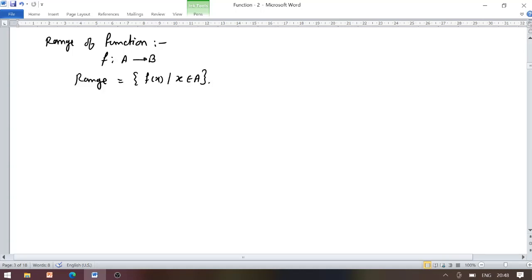Now suppose we have one more example here, same as the previous one. We are writing the range, domain and codomain of the given function. So A has elements 1, 2 and 3. Set B has elements 0, 1, 4, 9 and 12. 1 is related to 1, 2 is related to 4, 3 is related to 9.